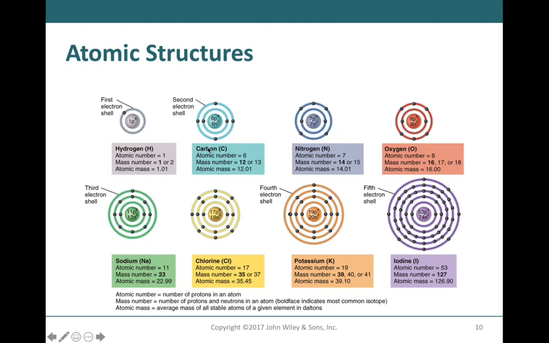Carbon's valence shell is the second electron shell, and sodium's valence shell is going to be the third electron shell. So whichever electron shell is the outermost shell on a particular atom, that's what is known as the valence shell. I will touch on the valence shell in just a little bit and why that is so important. It's going to be vital for forming new chemical bonds, so I'll explain that in just a little bit.